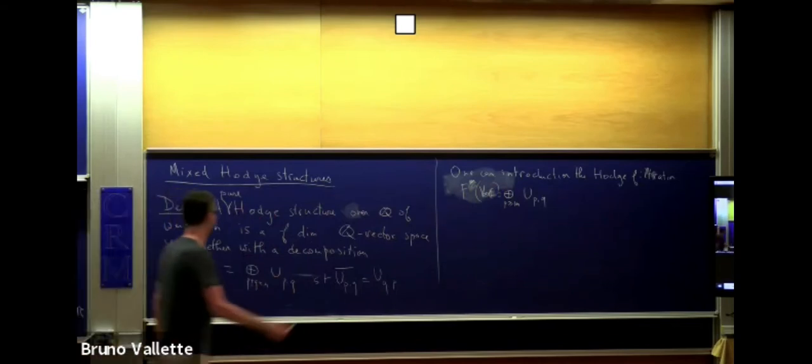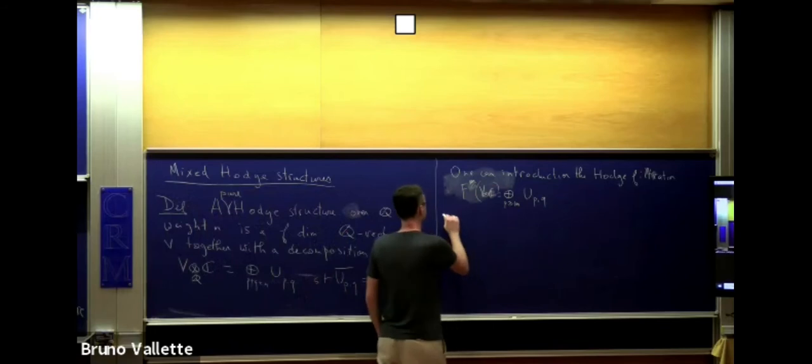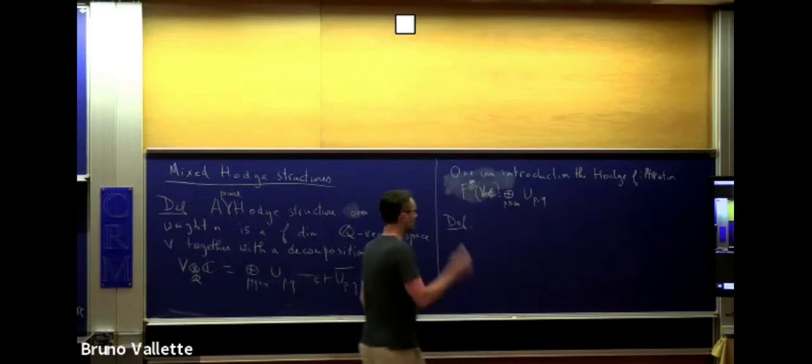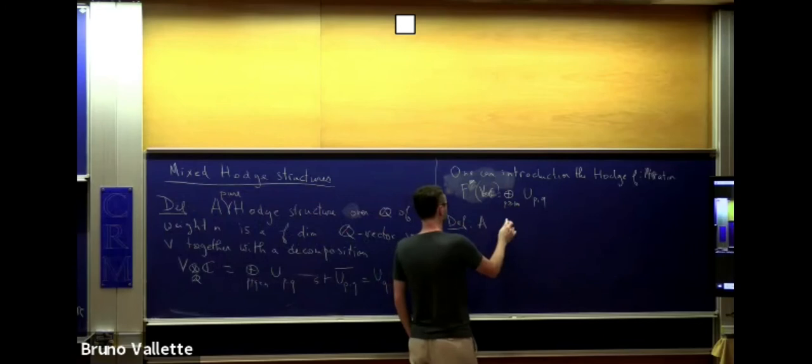So now I can define what a mixed Hodge structure is. It looks quite complicated at first sight.